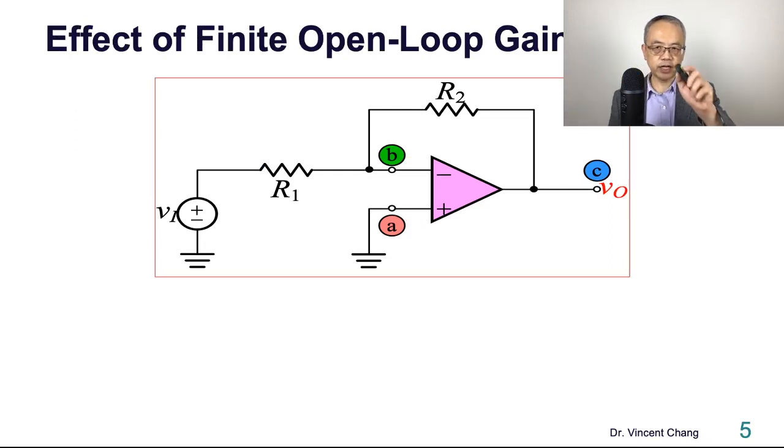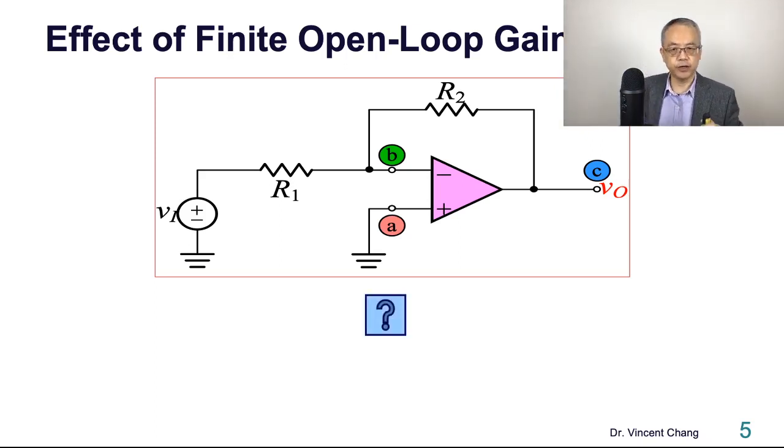In this lecture, we're going to investigate the effect of finite open loop gain of the op-amp, and how to conduct the closed loop analysis in this type of scenario. Let me give you, let's say, 5 minutes to try to figure this out.